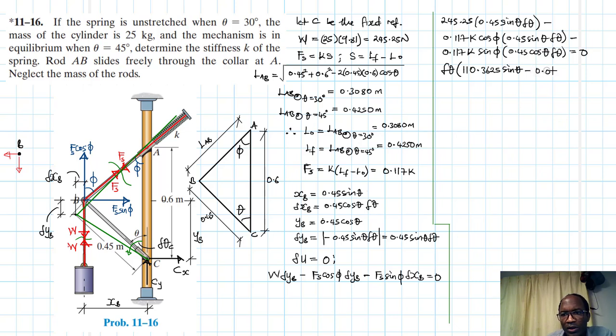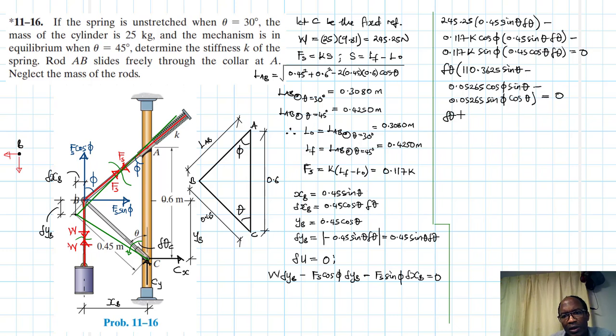So this is 0.05265. The space isn't enough here, so you can write it down here: 0.05265 cos phi sine theta, then minus 0.05265 sine phi cos theta. Is that so? And then this is equal to 0.